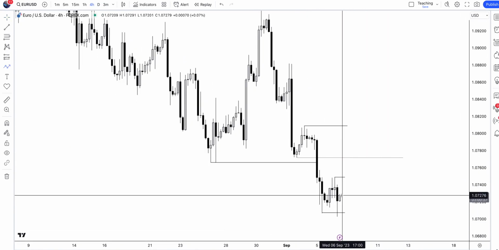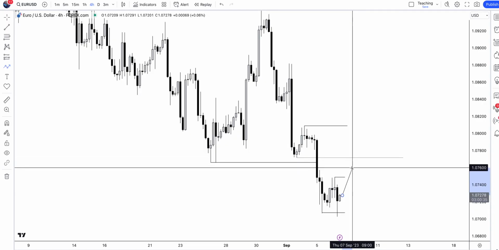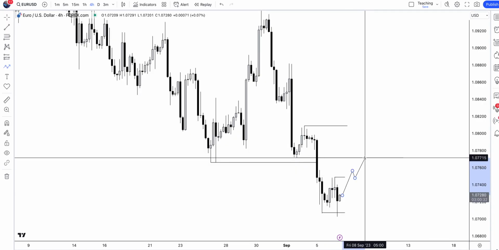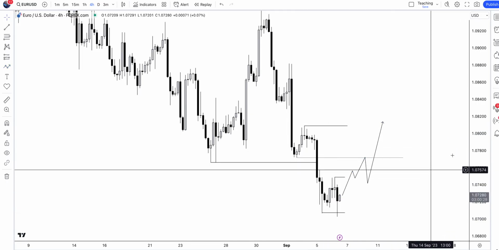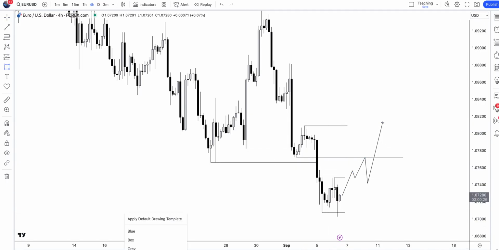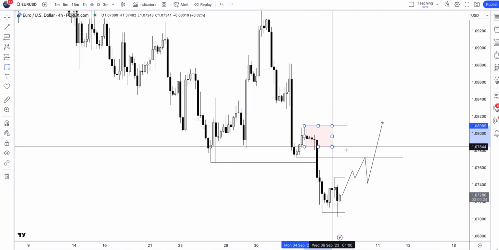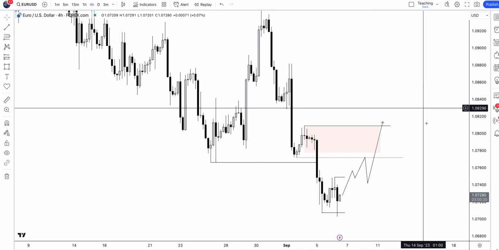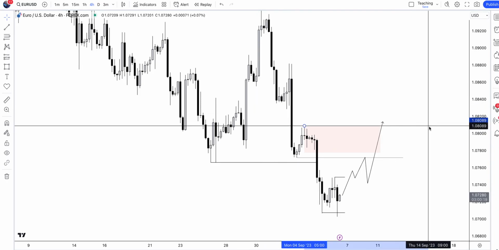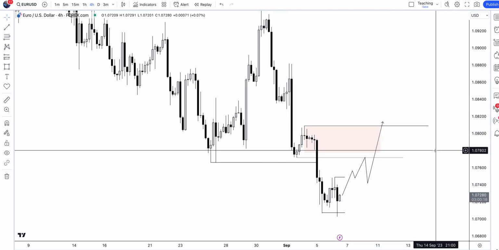So possibly get some sort of reactions. I don't know what could happen, but top there and then maybe go long again. So something to keep an eye on. Also, an area that smart money is going to be interested in selling from. So we could get some sort of reactions, but overall, I do want the inducement high taken. Okay, 1.0808. That's what I got my eyes on.